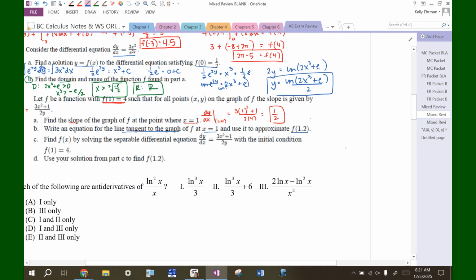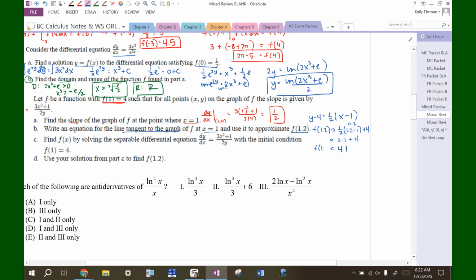So for part B, it's going to be y minus 4 equals 1/2 times (x minus 1). And f of 1.2 is approximately 1/2 times (1.2 minus 1), and then you'd have to add 4 to it. This is just 0.2, and half of that is 0.1 plus 4, so 4.1.